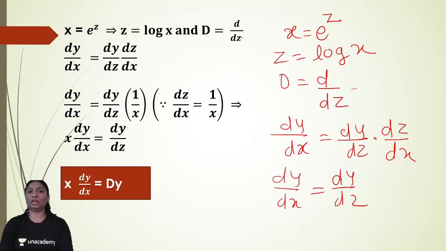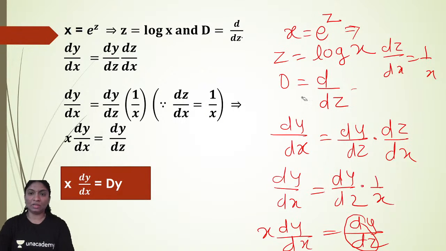Once you put x is equal to e raised to z, which implies z is equal to log x, so dz by dx is equal to 1 upon x. So this is our reducible form of a Cauchy's differential equation into linear differential equation.